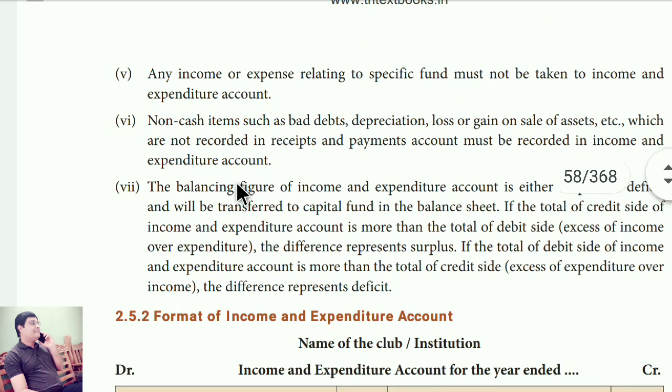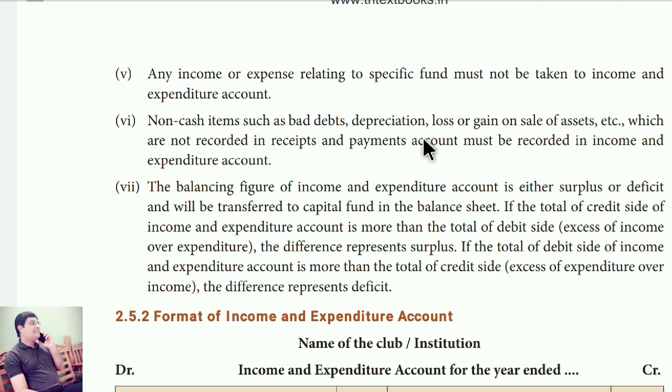Next, any income or expense relating to a specific fund must not be taken to income and expenditure account. So if any fund is mentioned, like prize fund or any fund, don't write it in the income and expenditure account.